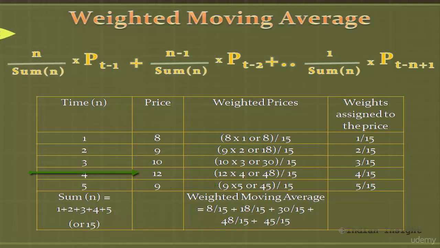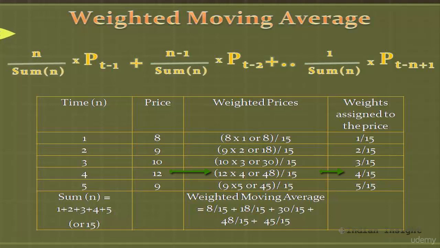Then you take the closing price of the second last period, which is 12 here, and multiply it by n minus 1, which is 4, and again you divide this by sum of n, which is 15. So here you see that the second last data point has a weight of n minus 1 divided by sum of n, which is 4 divided by 15 in this case.